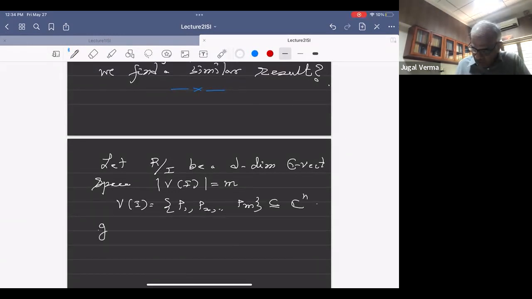Take a polynomial g in R, say a multivariate polynomial, and I can define a linear transformation, which is multiplication by g, from R mod I to R mod I. This is the map which sends the residue class of a polynomial f to the residue class of g times f.